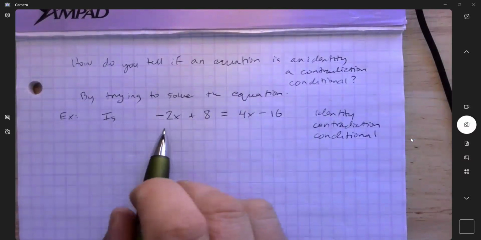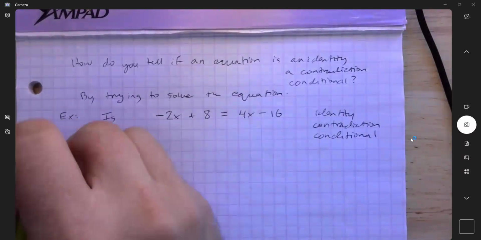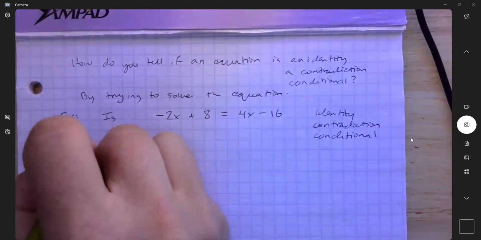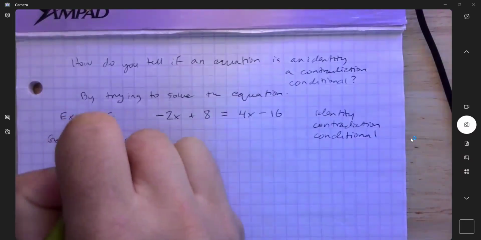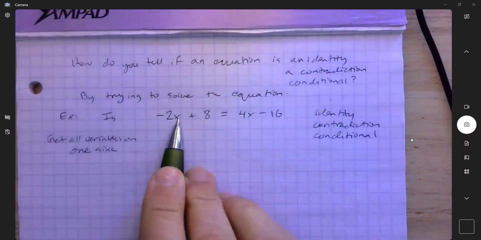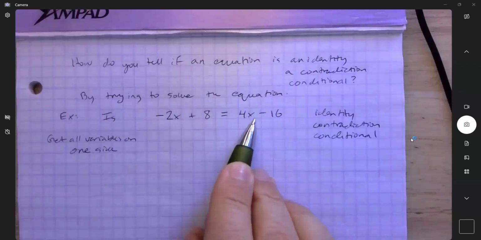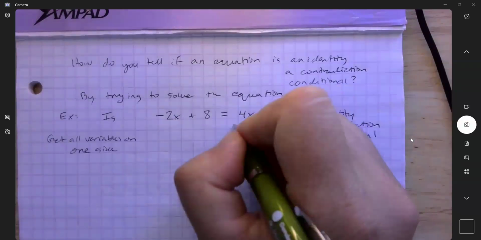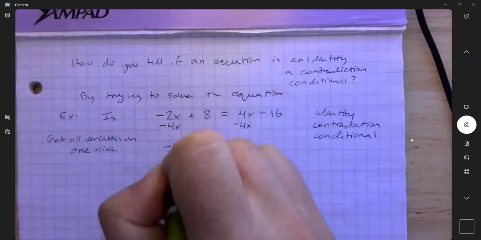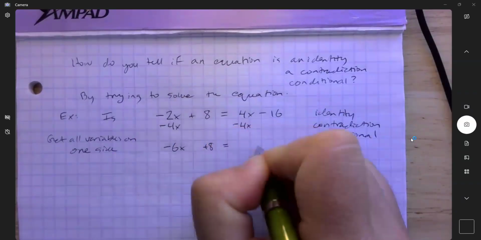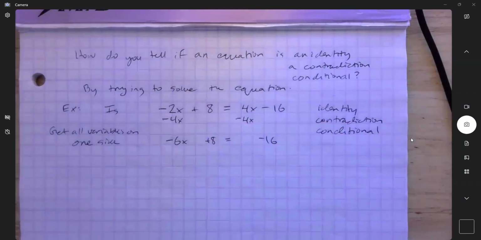In general, to solve an equation, you want to get all the variables on one side. That's your first step. So I have a minus 2x here and a 4x here. I'm going to get them all on one side by subtracting 4x from both sides. I'm going to get minus 6x plus 8 equals negative 16.